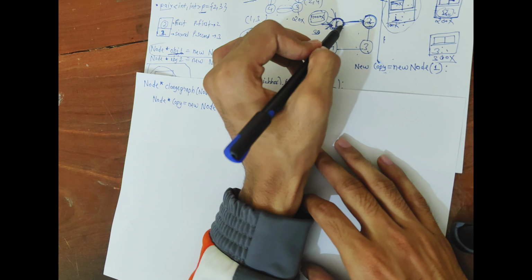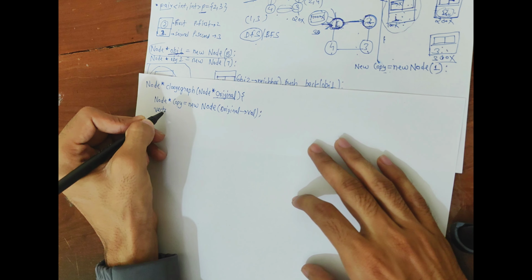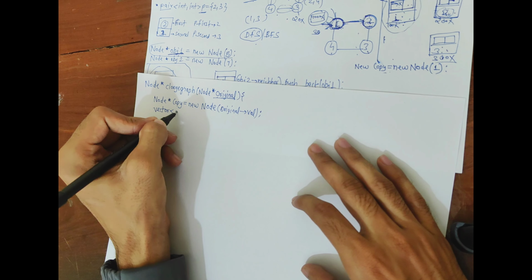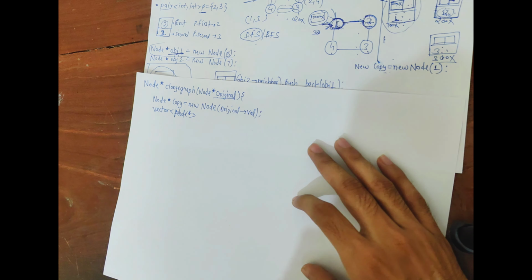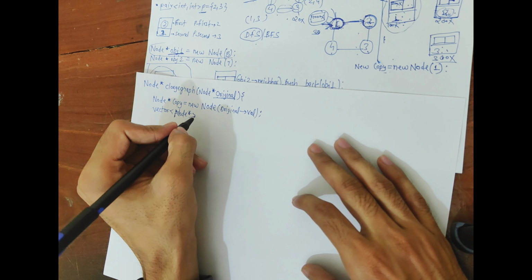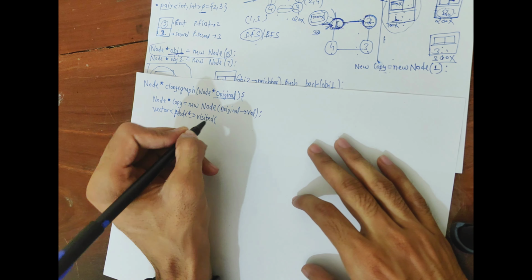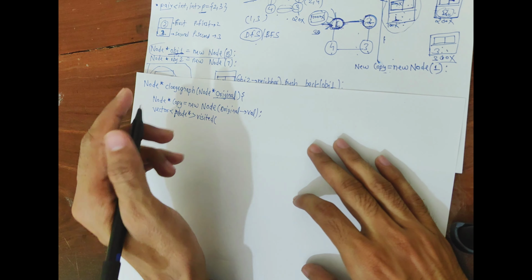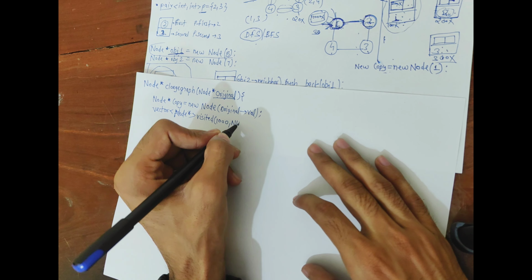I created this one, and now I need to create the vector also, and the vector should have Node* pointer type. I will call it visited, and the constraint says I can have thousands of nodes. I will initially set them all to 0.